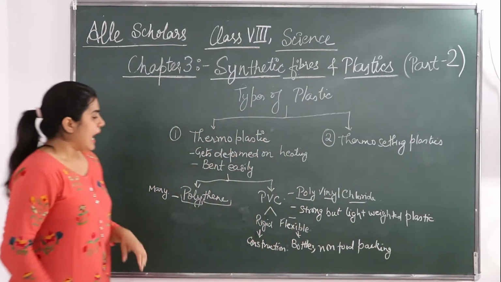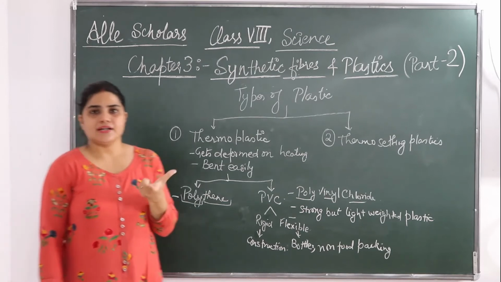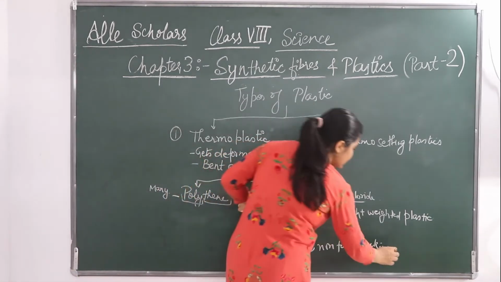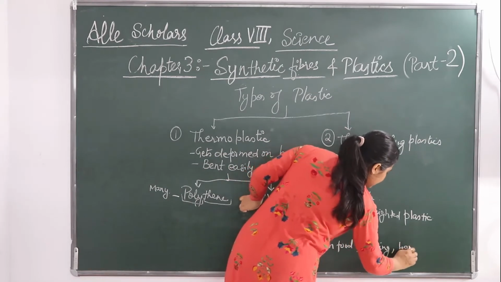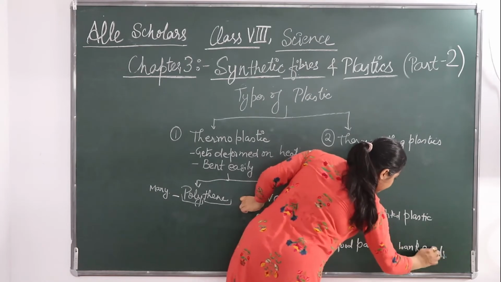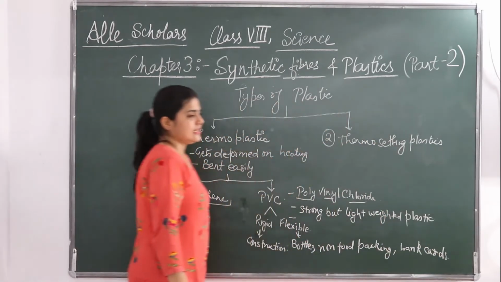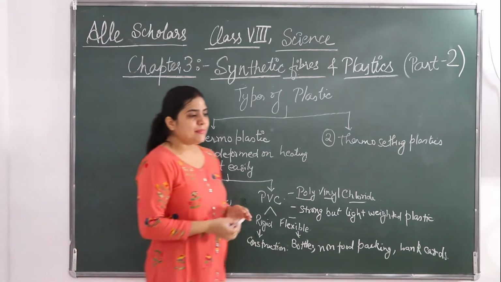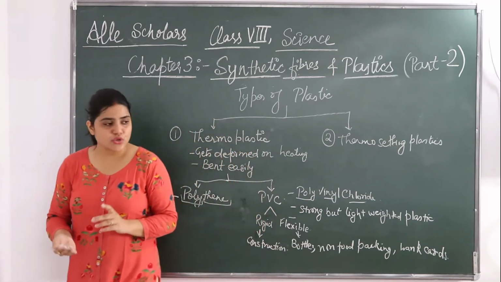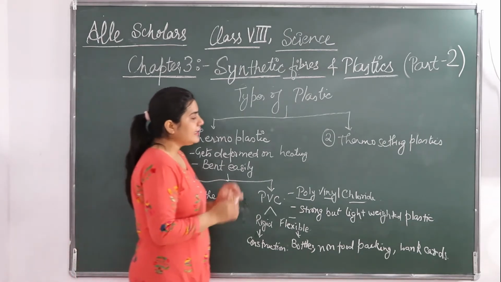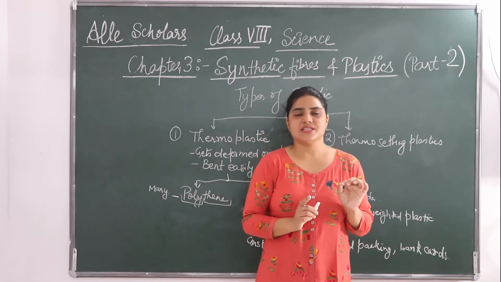Okay. And these bank cards, you must have seen bank cards. They are also made up of flexible PVC. Bank cards, etc. So many things are there that can be made. It can be made softer and even more flexible by adding plasticizers.